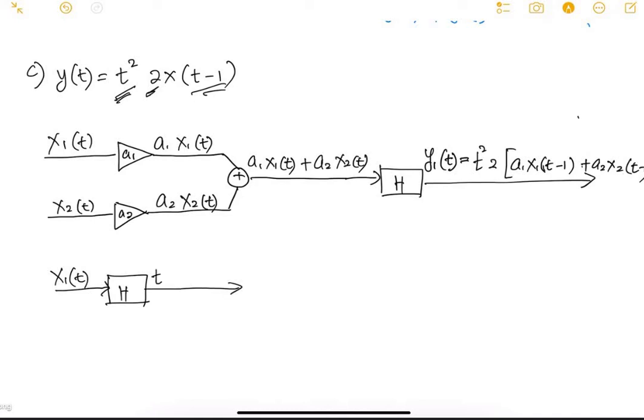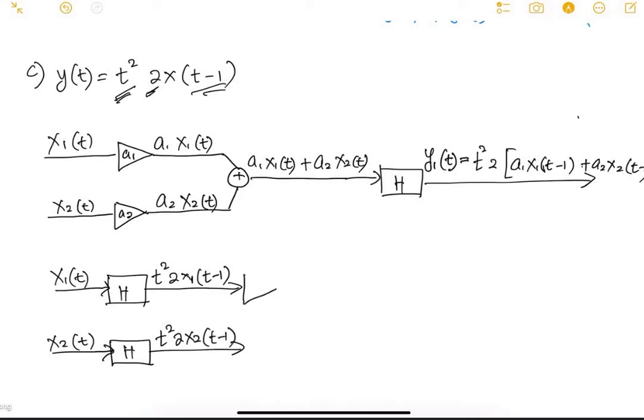Then you get t² x1(t−1). The second input x2(t) inserted into the system gives t² x2(t−1). Both of them are then inserted into constants. For x1(t), the constant a1 gives a1 t² x1(t−1), whereas the second one, with a2, gives a2 t² x2(t−1).